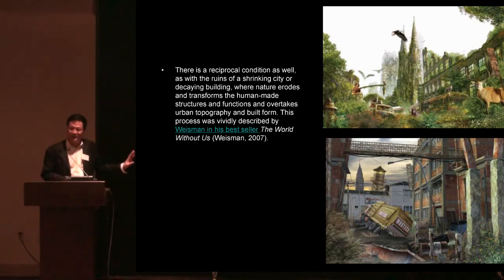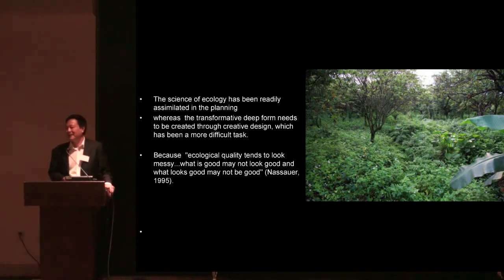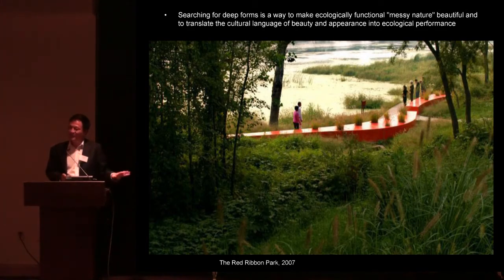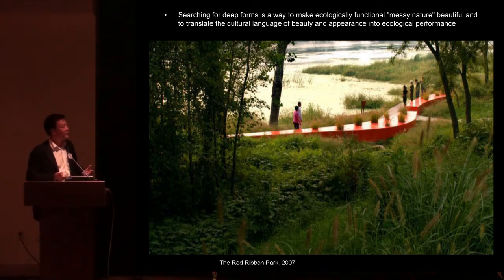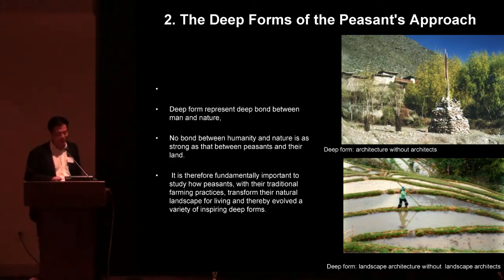So that's difficult. So searching for such deep form as a technique, as a strategy, has become fundamental for this profession. How can we transform the nature, the landscape, the ecology into culture, which functions as an ecological system, but as a culture, a beautiful landscape. So deep form, learn from peasants, a peasant approach.